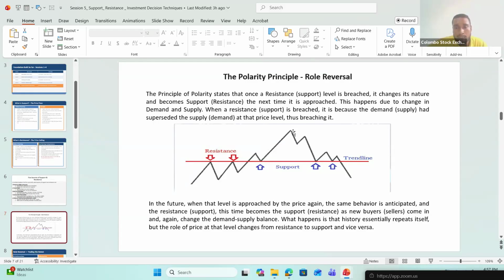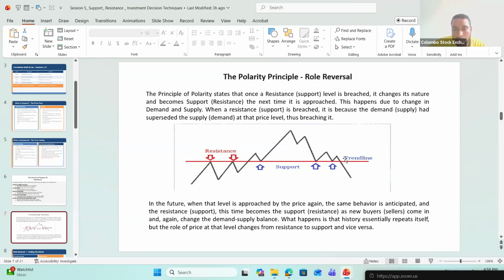Okay, and in this case, this is still a support now. Now the price is coming down, and when the price approaches this support level, we can expect the price to bounce because this is a support now, right? And then price bounces, again price bounces, and then eventually the price has broken down from that level, right? So the next time when the price approaches this level, sorry, this is a resistance, right?